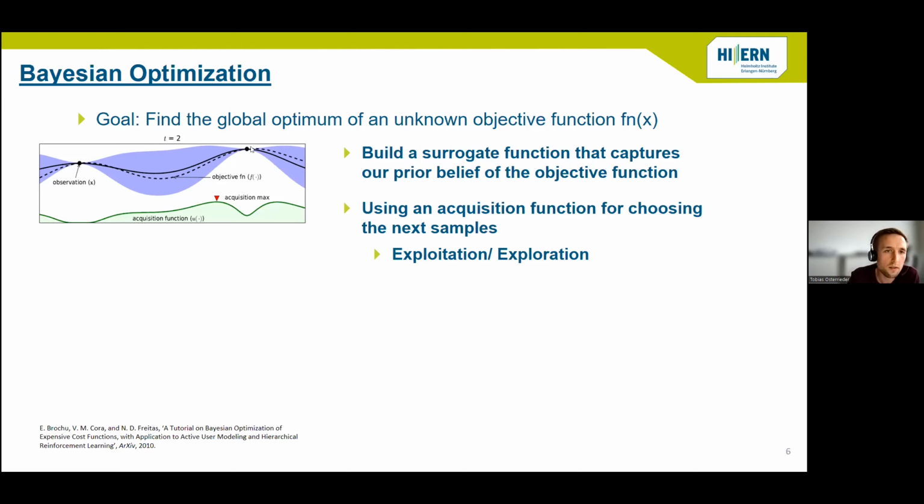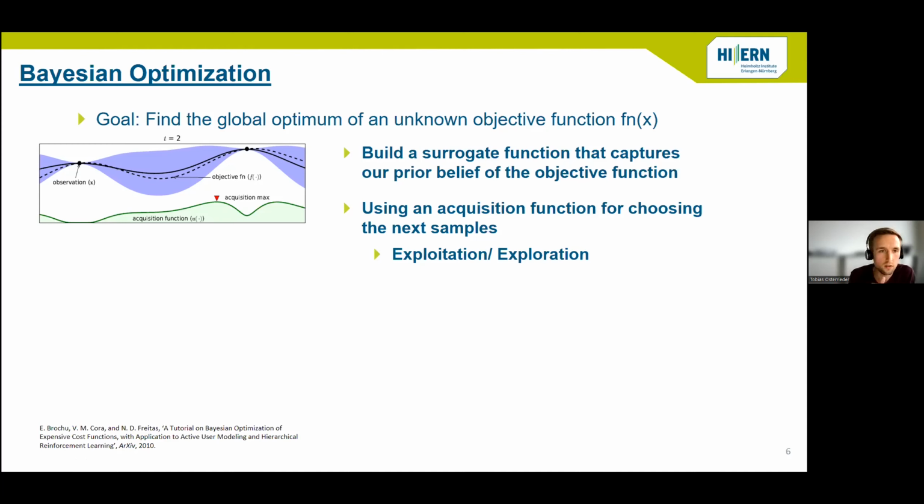So you can see here for the sample points, the uncertainty, this is the bluish area, is low because we actually made a cell there, while between the cells, we don't really know what the value of our objective function is. So here the uncertainty is high. So now we choose the point where the acquisition function is max and build the sample there.